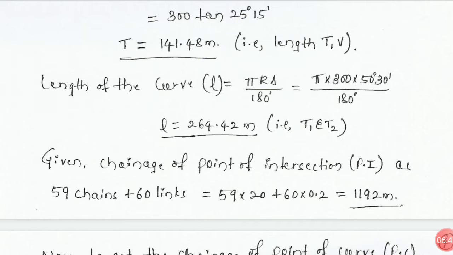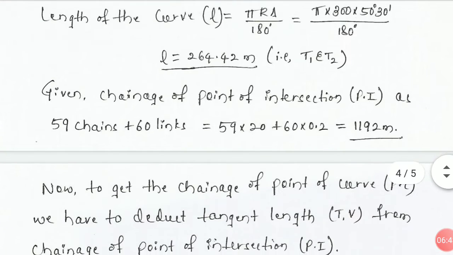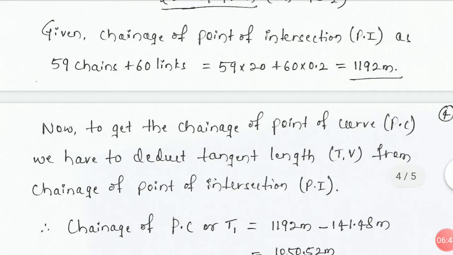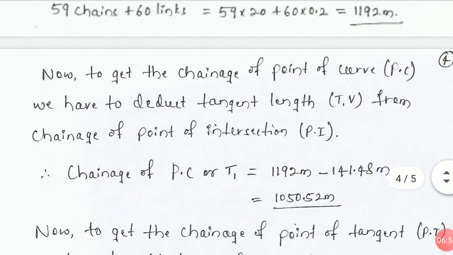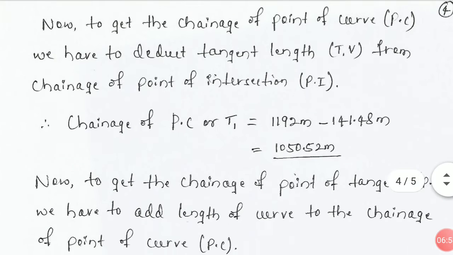Okay, that is the chainage at that point. Now to get the chainage of point of curve, we have to deduct the tangent length from chainage of point of intersection. Tangent length is 141.48 meters. If I deduct it, I will get 1050.52 meters as chainage of point of curve.